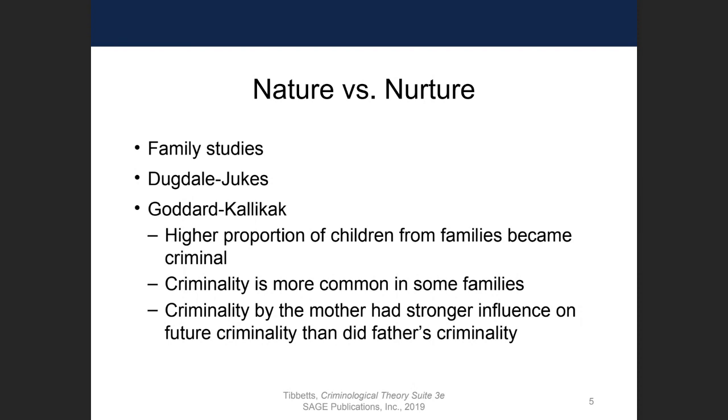And so what they observed in both of these families is that there was a generational practice of engaging in criminal behavior. And they identified that some families seem to have criminality more in their family bloodlines and generations than other families.